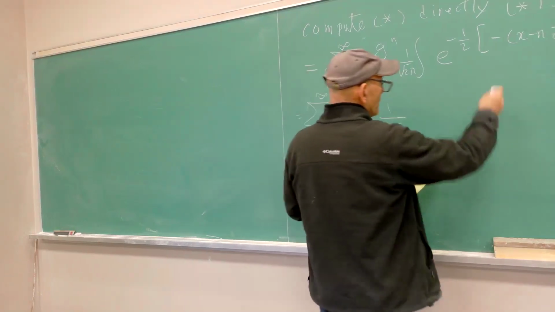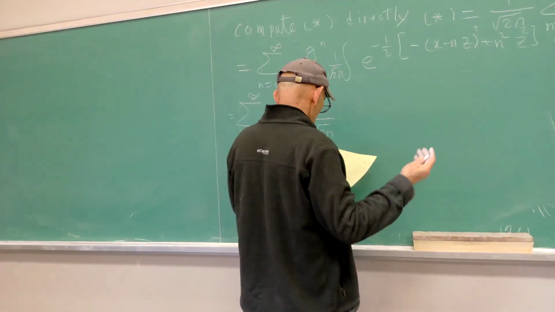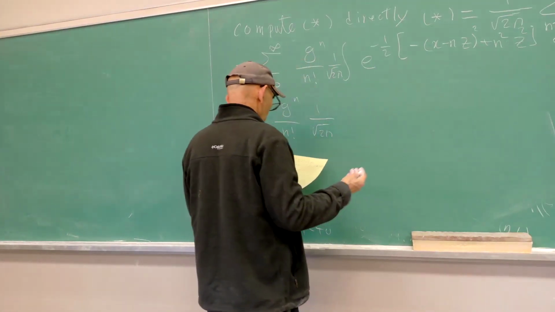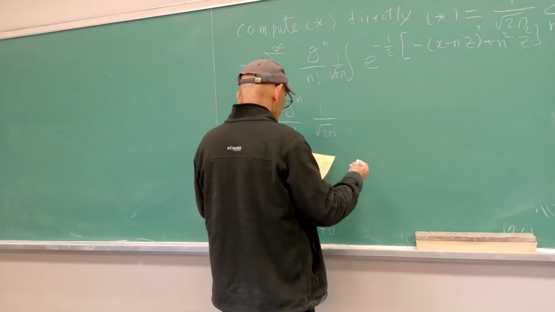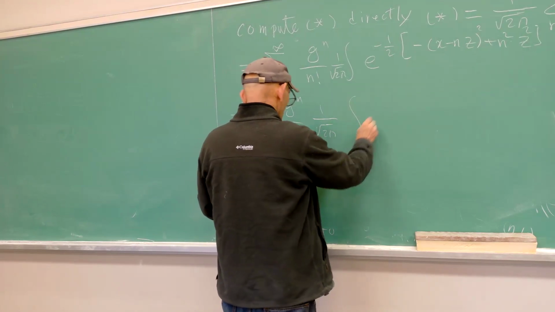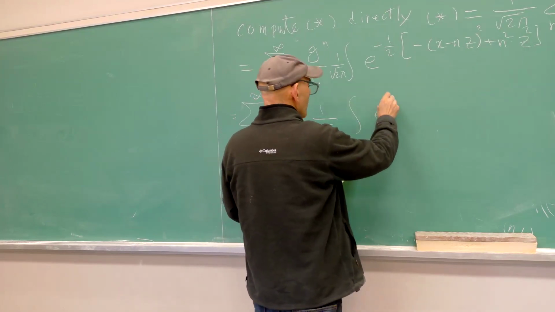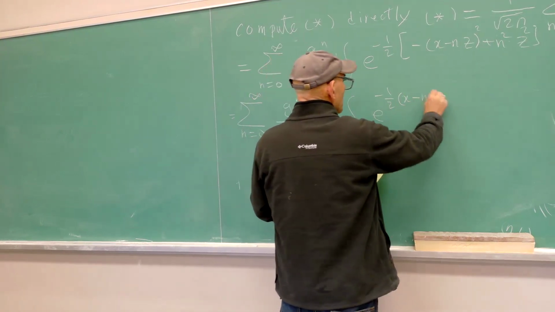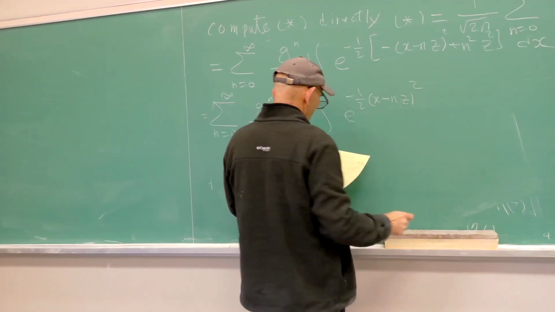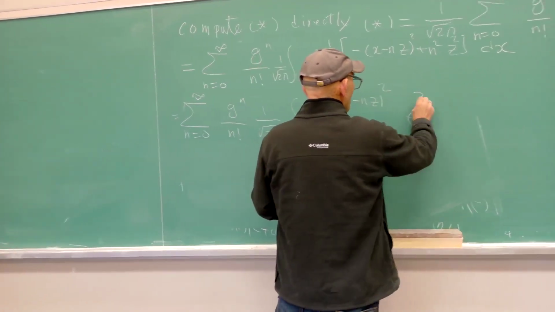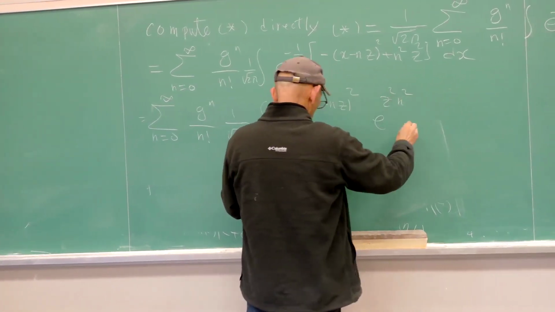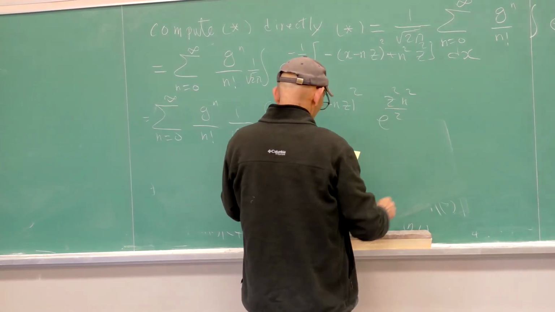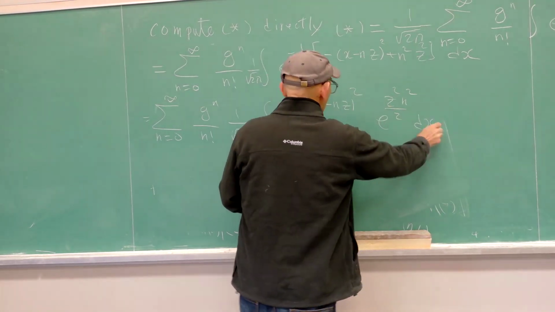We just basically separate these terms. Integral exponential of minus 1/2 (x minus nz) squared times exponential of z squared n squared over 2 dx.